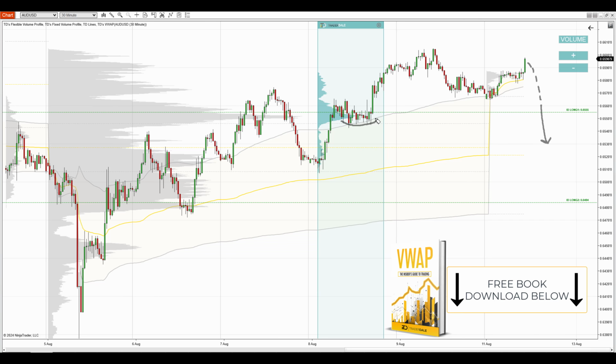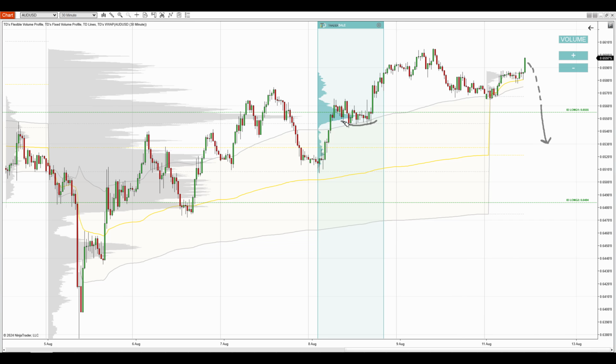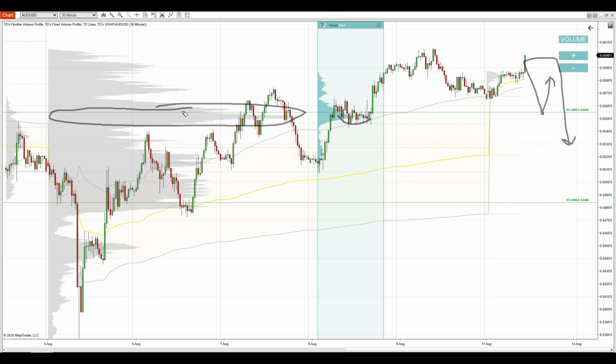Now, when I was thinking about placing this trade, I would normally be very careful about weak low like this, but since this is the weekly point of control, I decided that it's worth the risk and that I'm going to take that trade, because in my opinion, the chance of successful reaction is bigger than a chance of price testing that weak low. And it's mostly because of the weekly point of control.